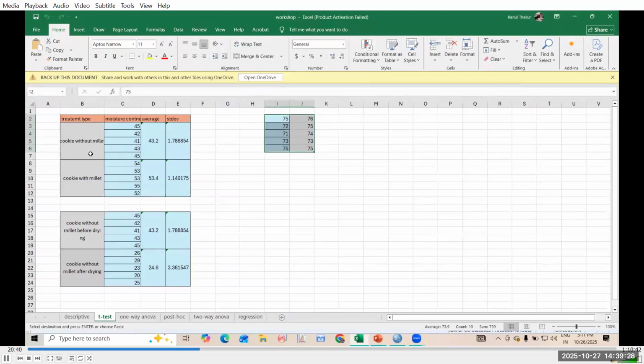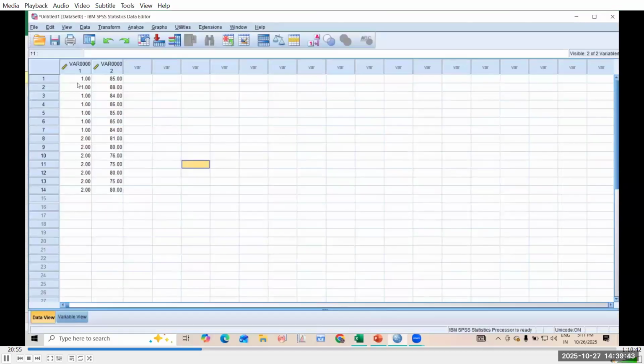Then we'll run the moisture content in SPSS for the t-test value. Copy, and let's delete first. Put the variable. One variety will be tested for the one sample t-test, so I'll put it as 1.